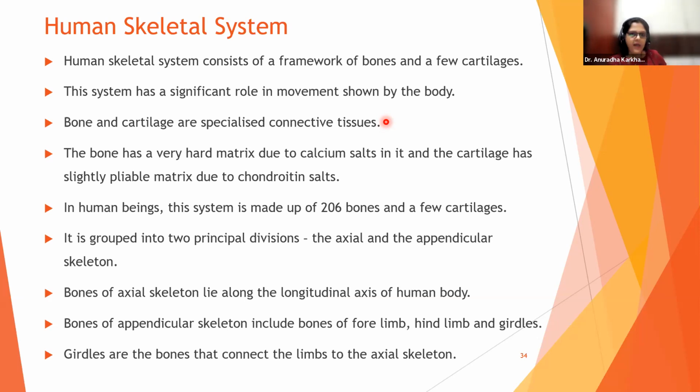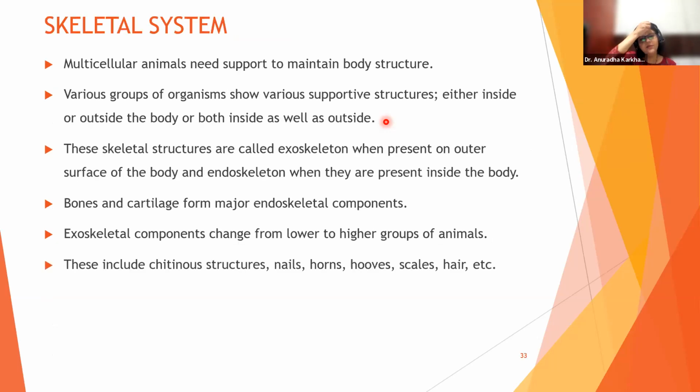Our leg will be connected to the thigh bone via the pelvic girdle. I'll be talking in detail about these: pelvic girdle, pectoral girdles, appendicular skeleton, axial skeleton, of course. Okay? You wanted the previous slide? Yeah, this is the previous slide.